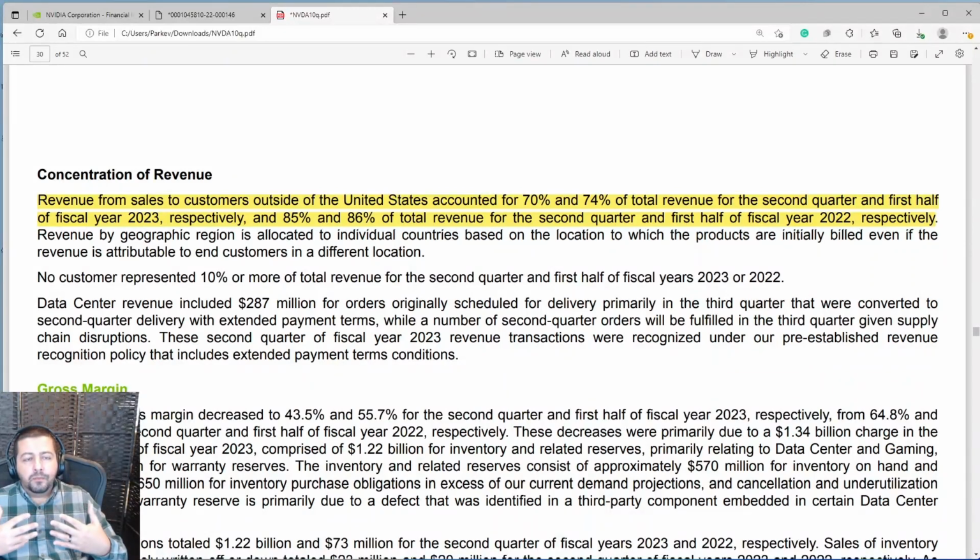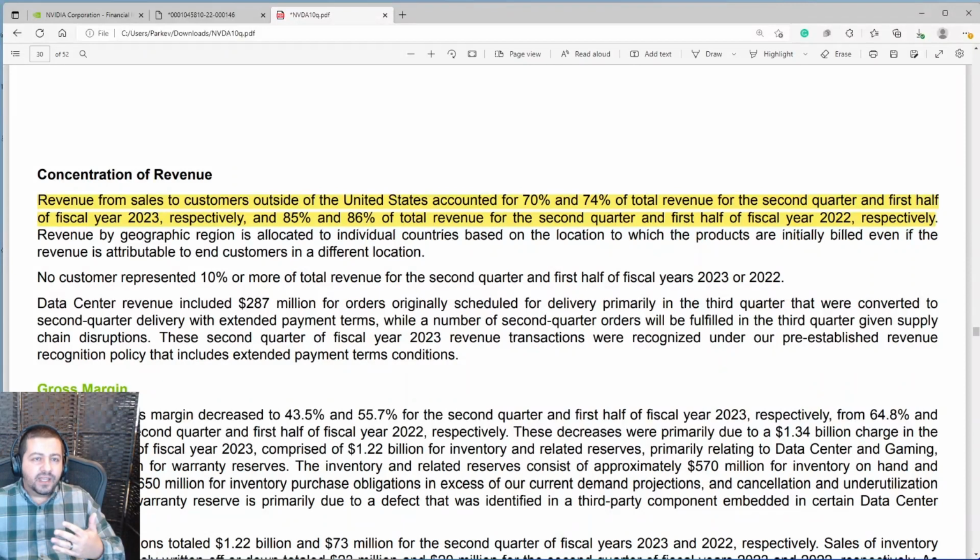So the vast majority of their business is outside of the United States, and that risk is elevated now that the US government is starting to become more restrictive in what it allows Nvidia to sell and who it allows it to sell to. Who knows which country is going to be next where the government will perhaps create further restrictions.